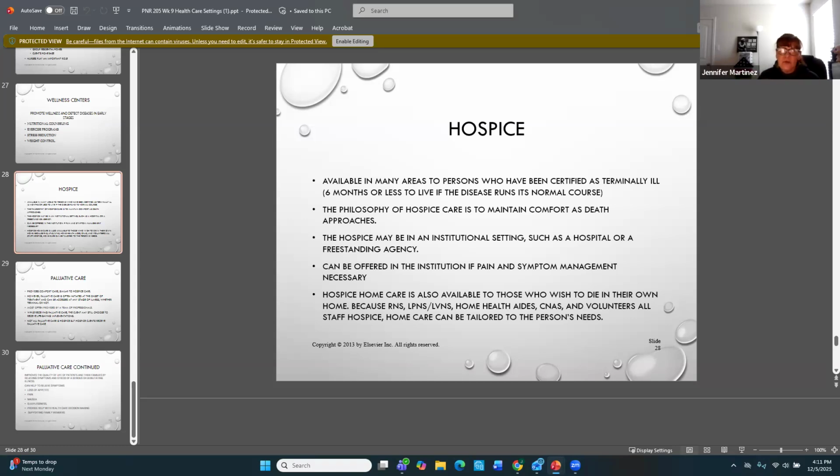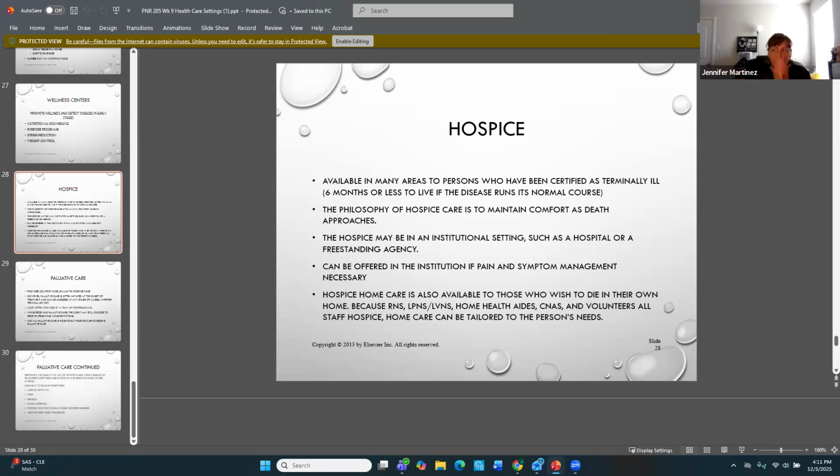Generally speaking, you have 6 months or less to live if the disease runs its normal course. Now, I'm not saying that if you have that terminal diagnosis of 6 months to live, you have to die by 6 months, no, not necessarily, right? Just the normal progression of that disease would mean 6 months or less.